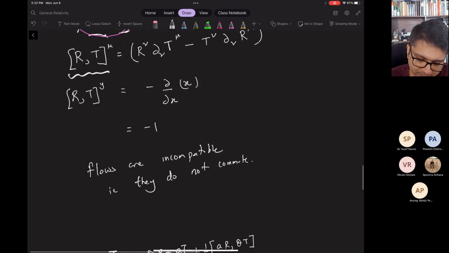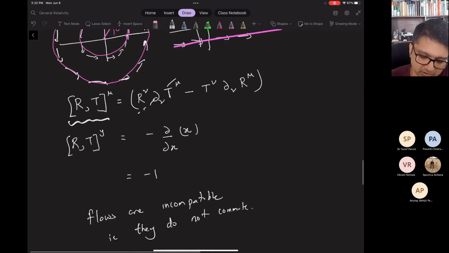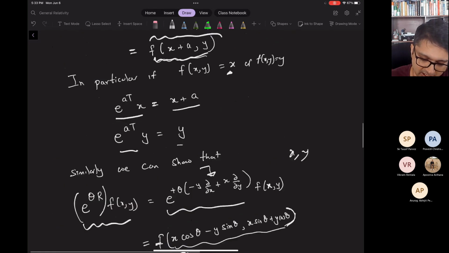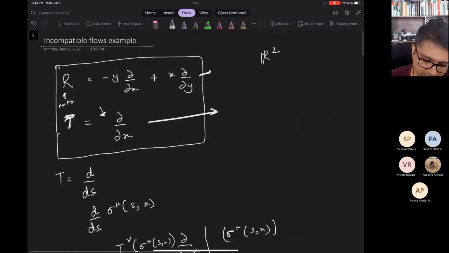So the first term is just 0 for this particular r and t, but the second one is non-zero, because r has x y dependent coefficients, so when I differentiate with respect to x, it will be non-zero.